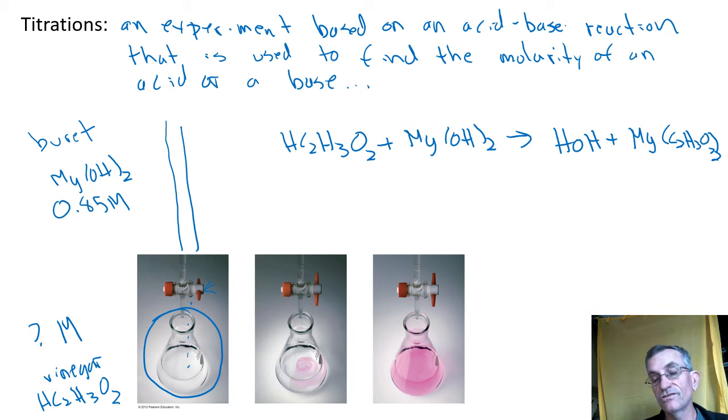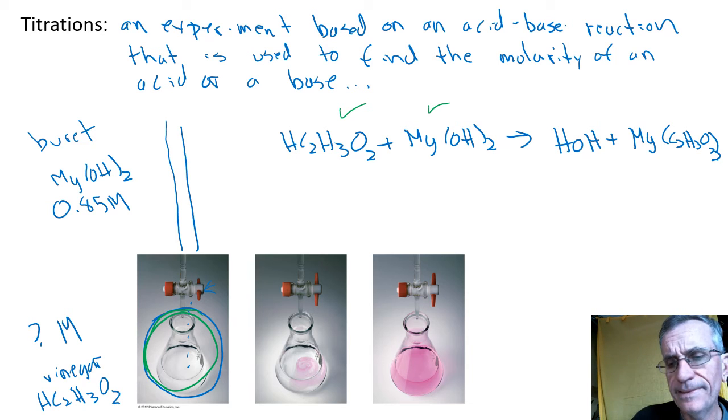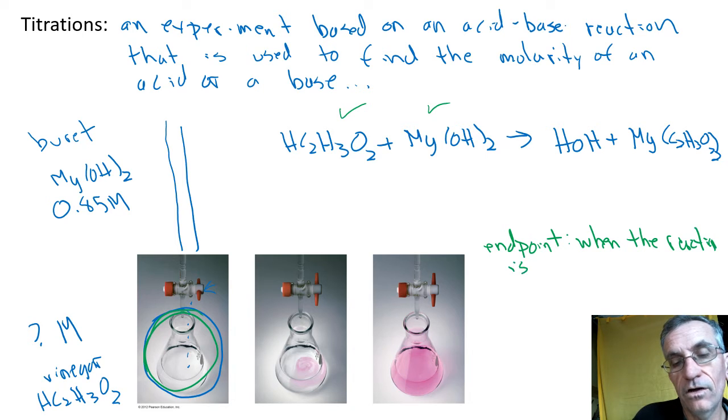Now, as this reaction goes on, eventually there's going to be a point where all of the acid that's down in this flask gets destroyed by the magnesium hydroxide. That point is called the end point. So let me define that. The end point is when, we could say, the reaction is over.